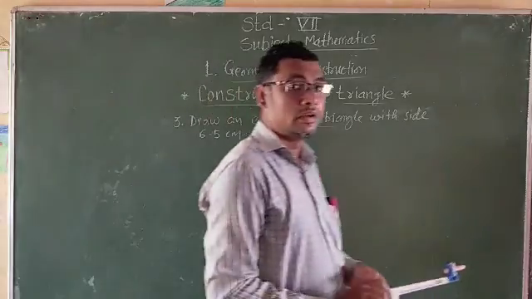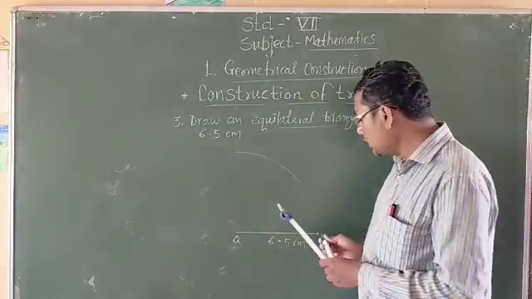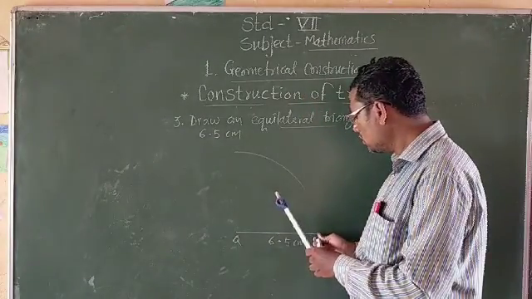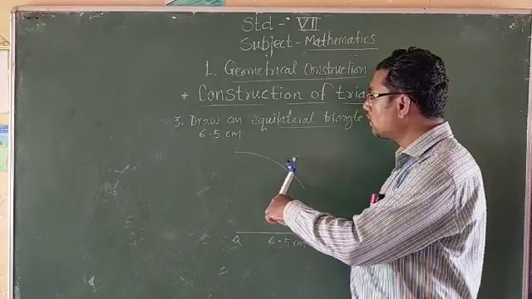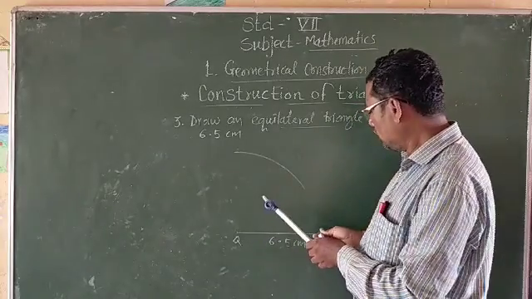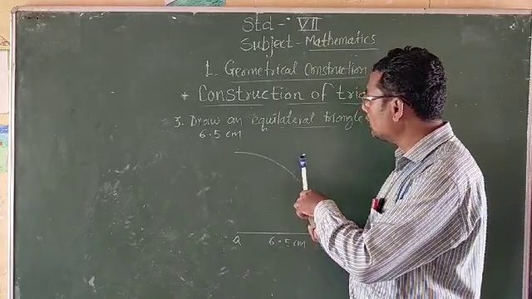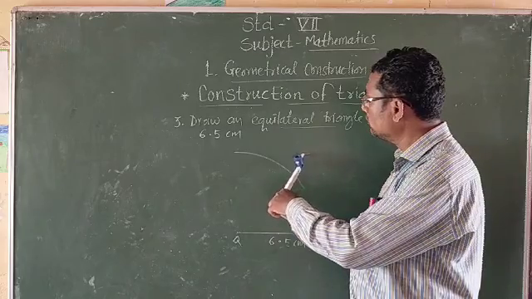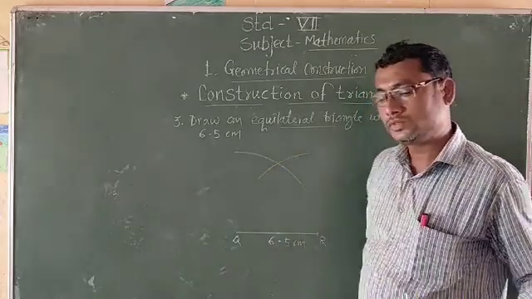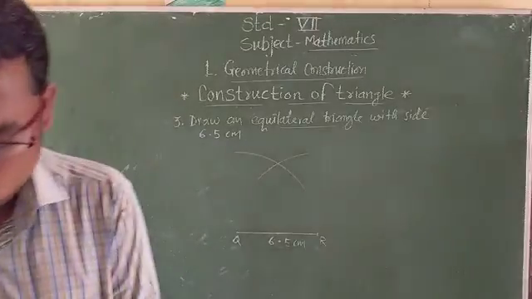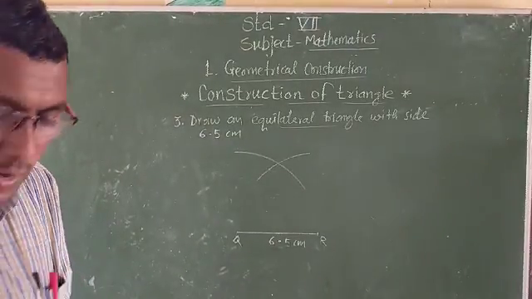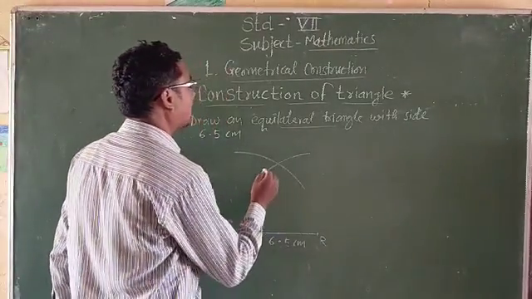In the same way, from the point R, we have to mark one more arc. Handle the compass properly. This arc is of 6.5.